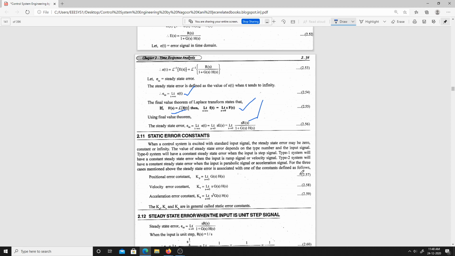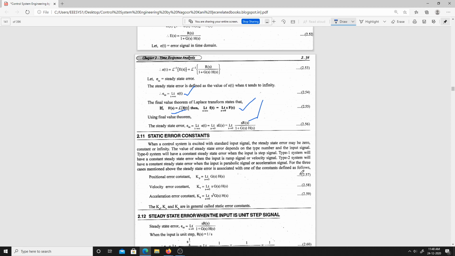Whatever the value of the steady state error, it depends on the type number and the input signal. Already I have discussed this at the start of steady state error. I have taken any control system, electrical, electronic or pneumatic, and excited it with some standard input signal.